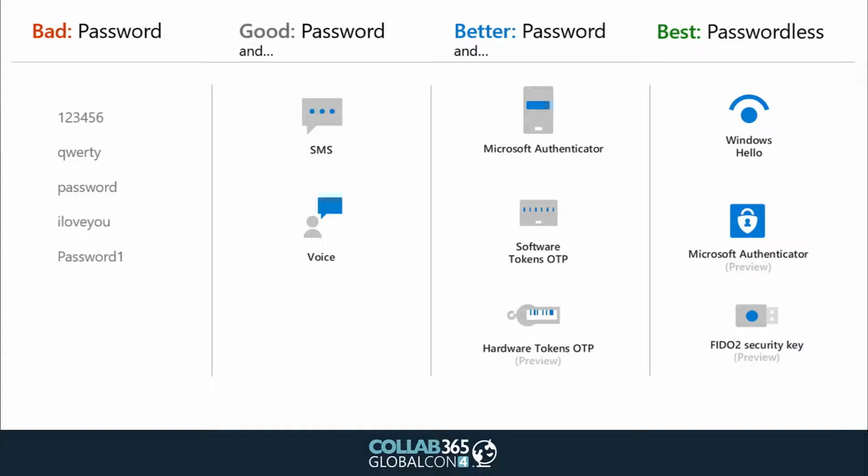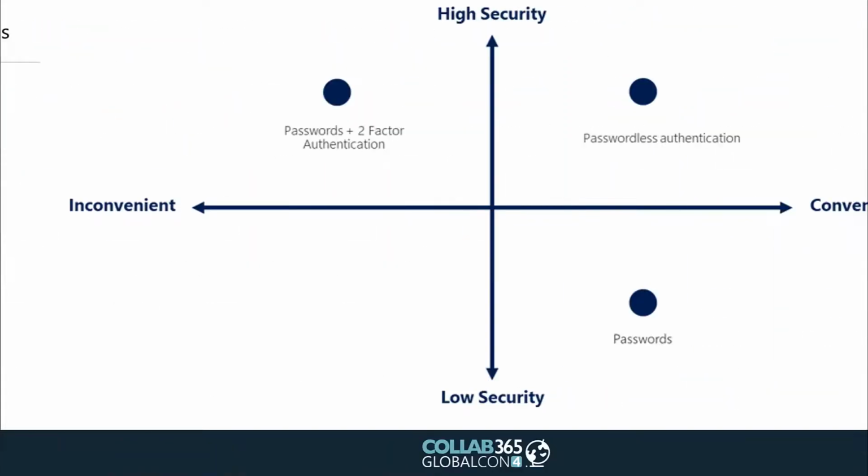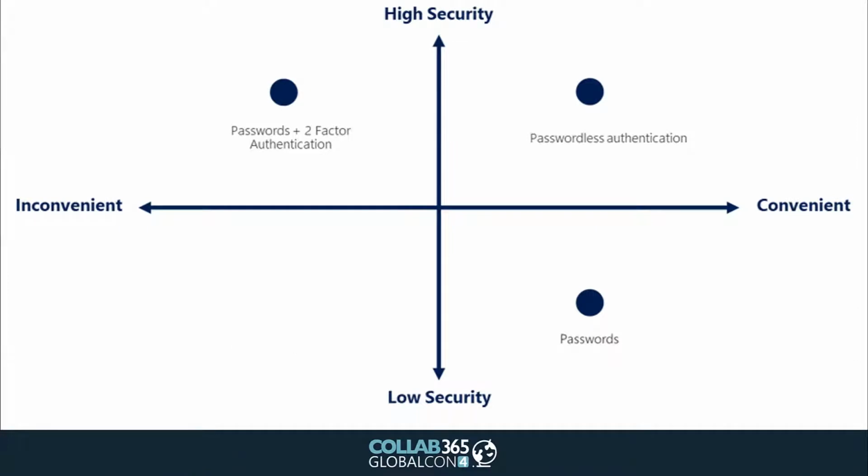So the best and most secure option would be to use Windows Hello, to use passwordless, with Microsoft Authenticator and with FIDO2 security keys. A few words about passwordless, and where it actually stands among all these factors.